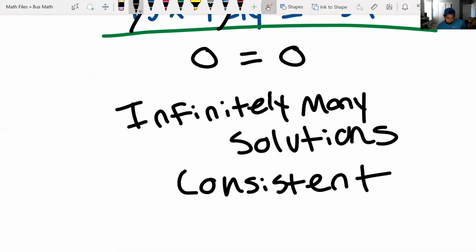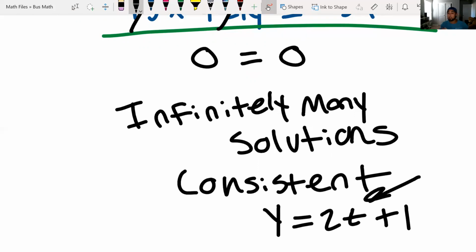Awesome. So if you were to dive in further to this, which we won't because this is business math, it's actually pretty cool because you can say that a variable is free. So like you would have to put it in terms of another one. So say if we solve this equation for y, it would be like y equals 2t plus 1.